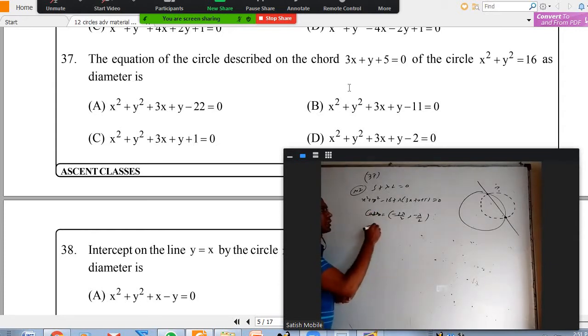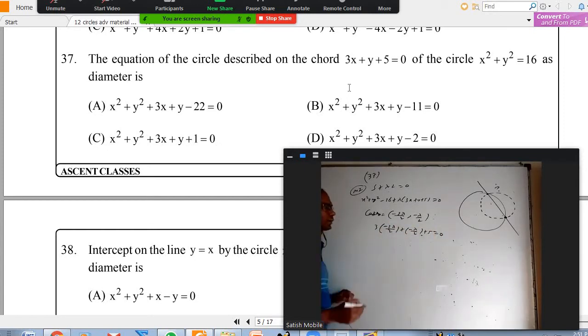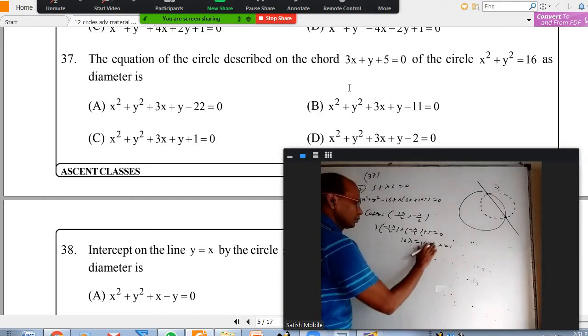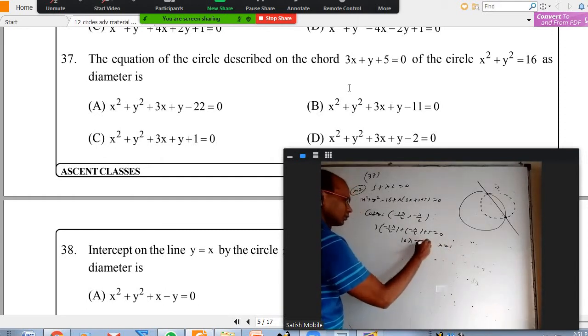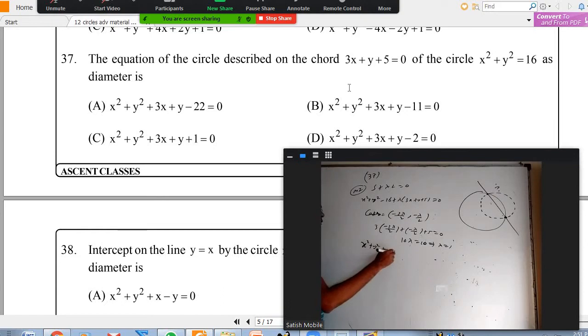So let us put it in the line: 3 into (minus 3 lambda by 2) minus lambda by 2 plus 5 equal to 0. That is minus 9 lambda minus lambda plus 10 equal to 0, so lambda equal to 1. When I put that lambda 1 back, we will get x square plus y square plus 3x plus y minus 11 equal to 0. Okay, so it became very simple.